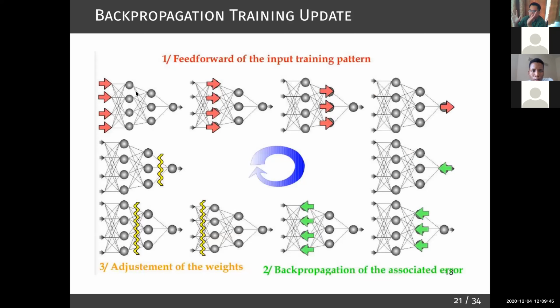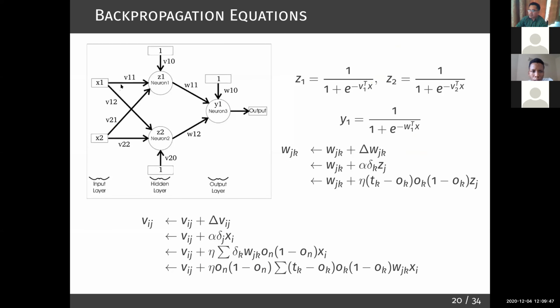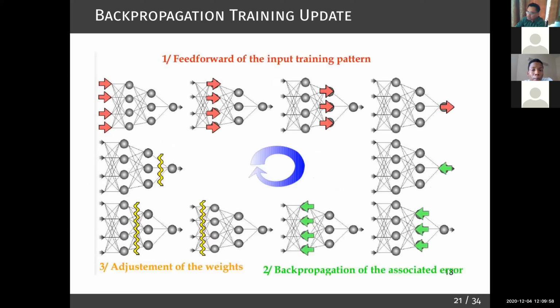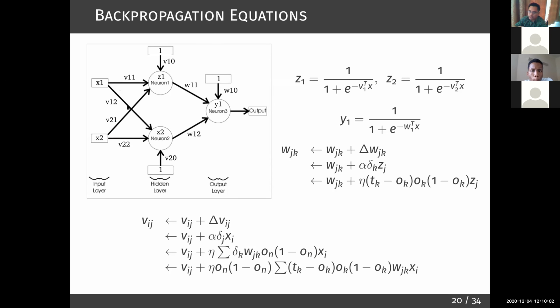All the weights will be randomly initialized, just some small value, positive or negative, less than 1. Try not to use 0, so don't assign the weights to be 0 initially.